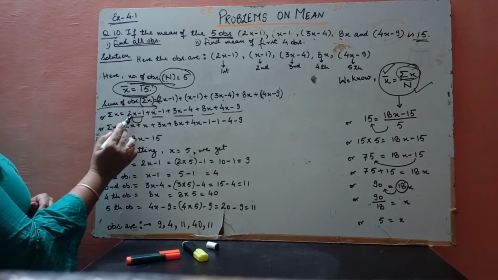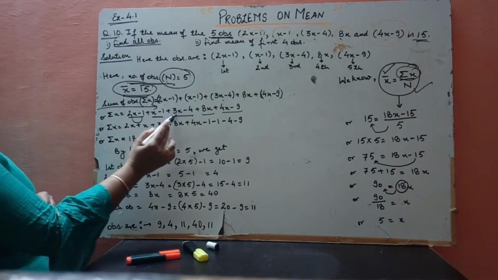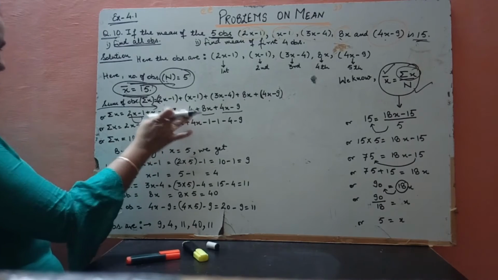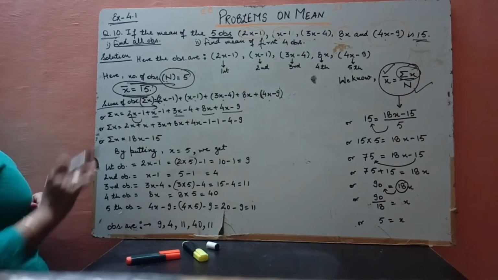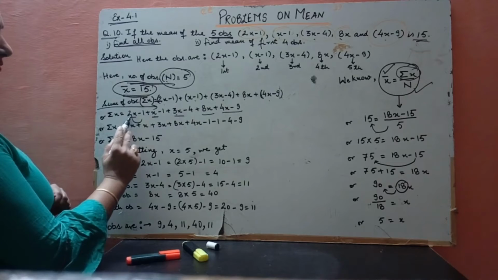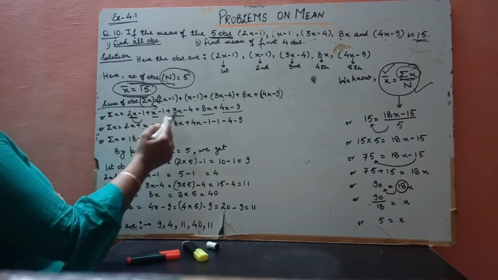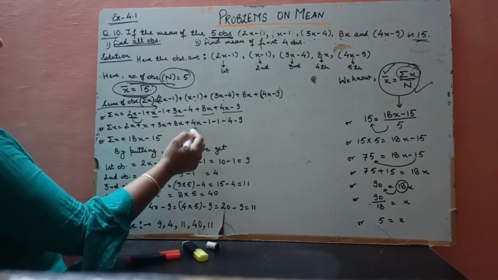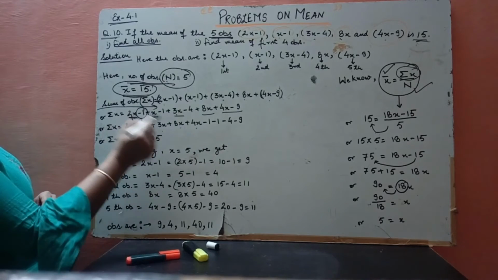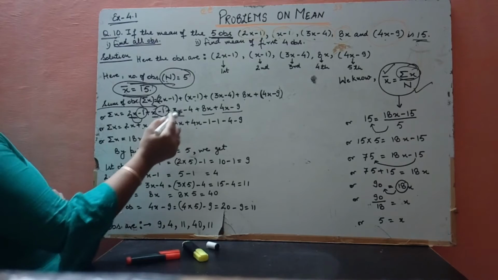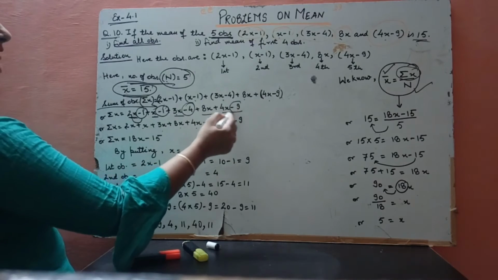So we are writing the algebraic terms separately: 2x plus x plus 3x plus 8x plus 4x, after that minus 1 minus 1 minus 4 and then minus 9.